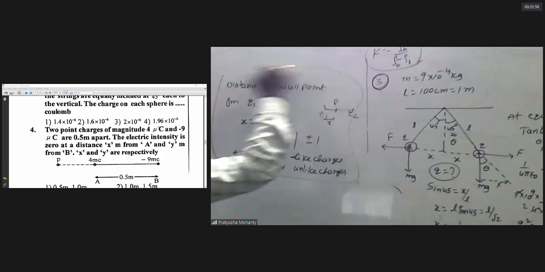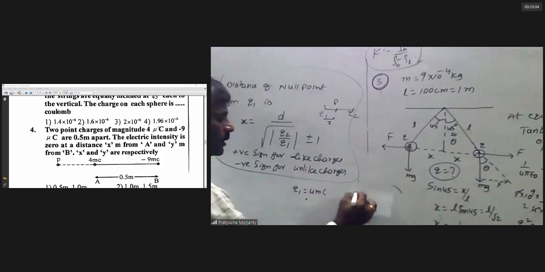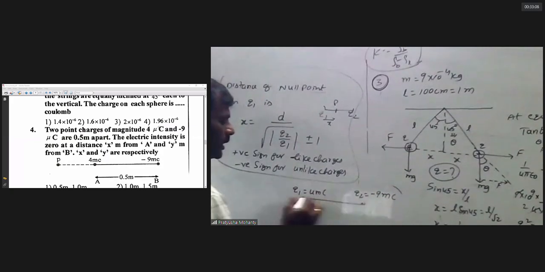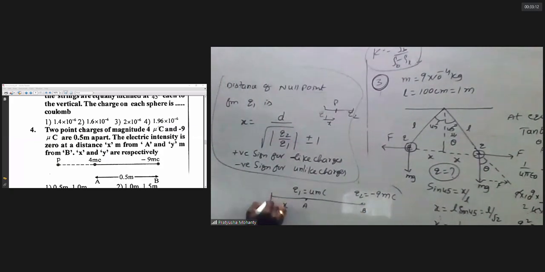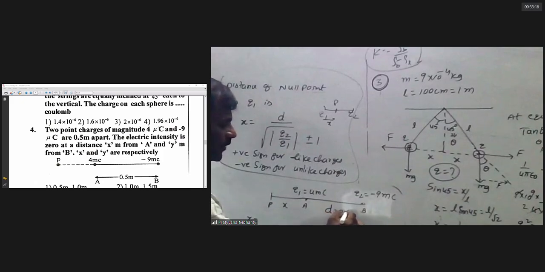This is the remembering part, but here you see: Q1 equal to 4 millicoulomb, Q2 equal to minus 9 millicoulomb. Here x is the distance from A, with B and P. So what do I write for x? The distance AB is given as 0.5.